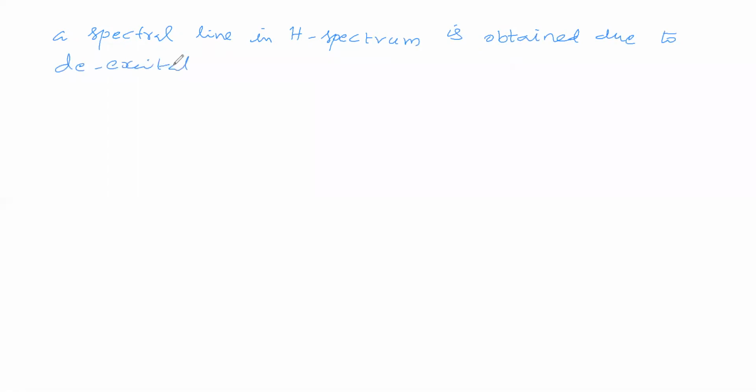Now, Niels Bohr considers that a spectral line in the hydrogen spectrum is obtained due to de-excitation of an electron from a higher energy level to a lower energy level.